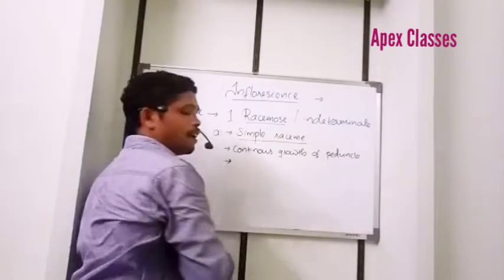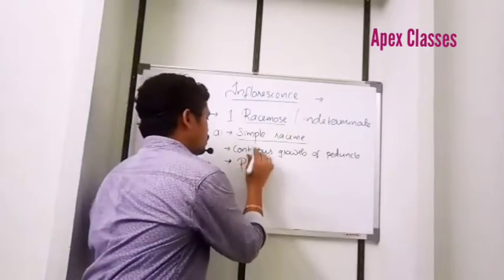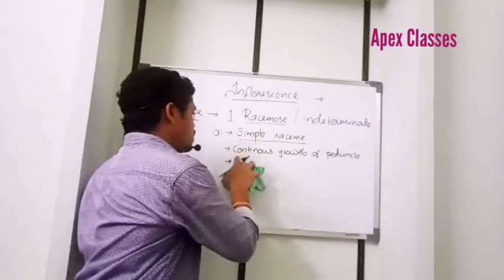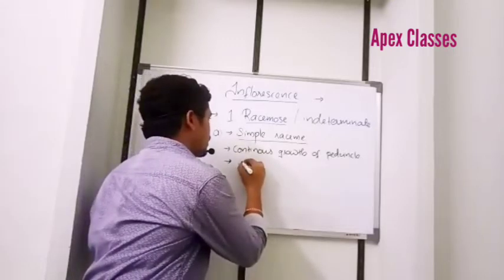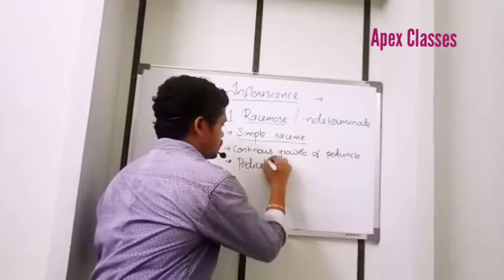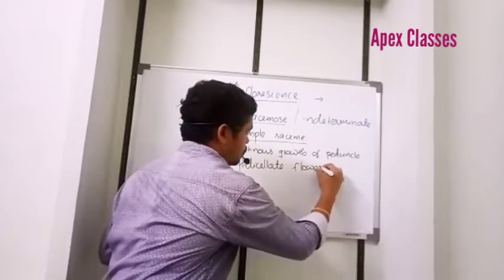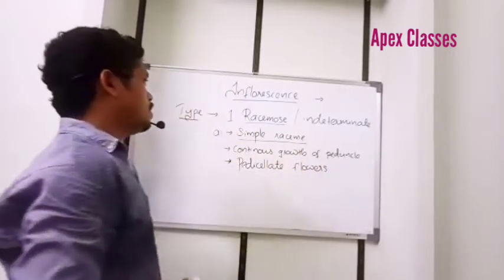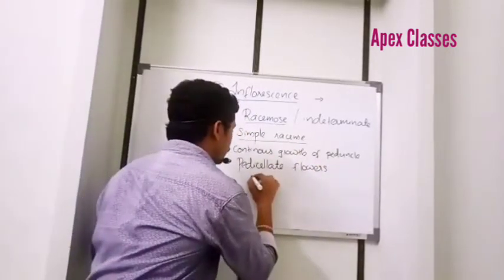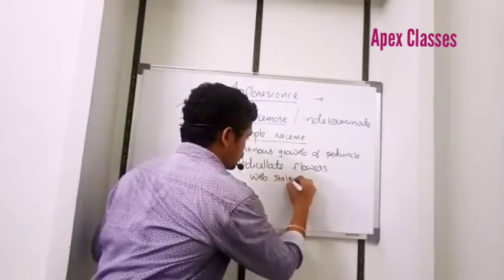The flowers are pedicellate, which means the flowers have a stalk. That is the character of simple raceme. Pedicellate means with stalk.